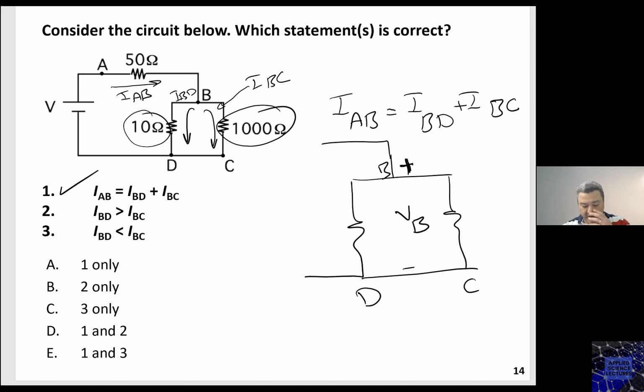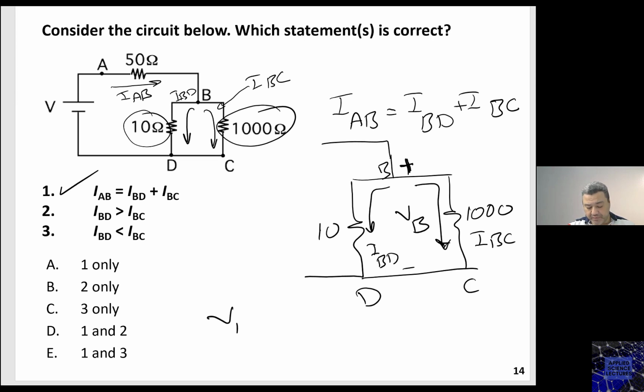The potential difference across those two resistors, 10 and 1000 ohm, is VB. So they have the same. However, here there is a current IBD, and here there is a current IBC. Which one is greater? Now let's put the equation here. I have VB, right? That is the same for both of them.